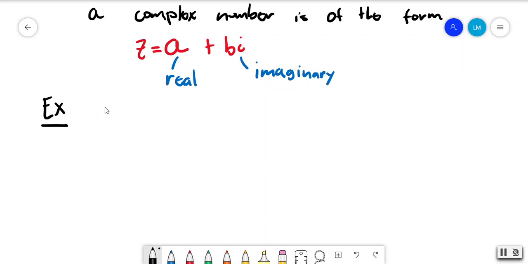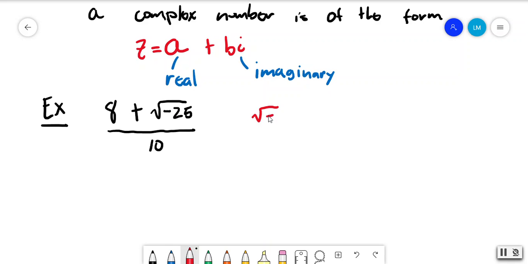For example, let's say that you had 8 plus the square root of negative 25, and this is divided by 10. Accordingly, that's a negative value under the root. One way that you can approach this problem is to think of it this way: if you have the square root of a negative constant, that's going to be the square root of the constant times i.